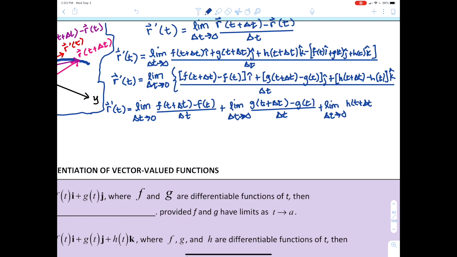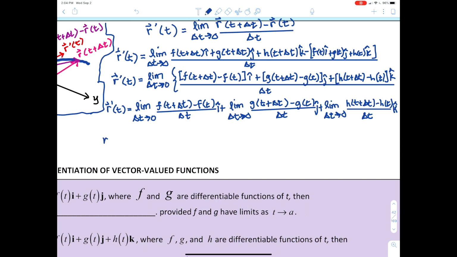Oh, and I'm sorry, I was forgetting my vectors, my bad. We would have our vectors i and j here. But what is that?